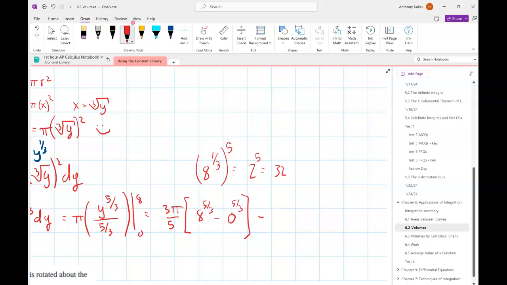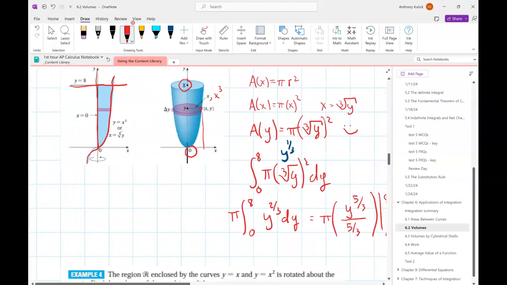And 32 times 3 is 96 pi over 5. You could have typed it in your calculator too, but it should be something we can do in our head. We might have to think about it for a moment. 8 to the 1/3 is just 2, because 8 is 2 to the 3rd, and 2 to the 3rd to the 1/3 is 2.